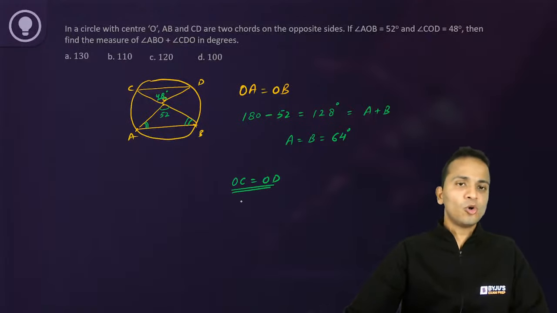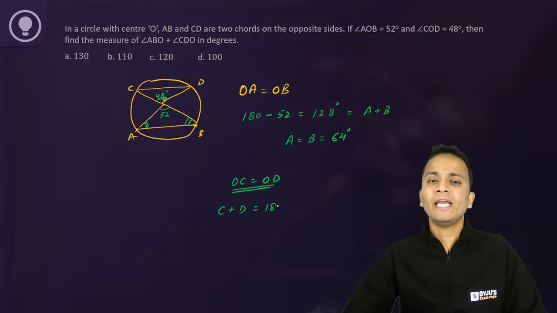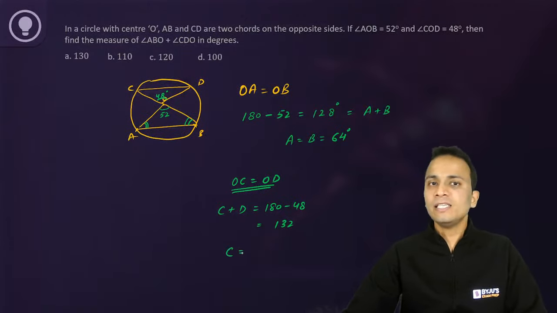So we have another isosceles triangle. So sum of angle C and angle D will be equal to 180 minus 48 degrees. That is 132 degrees. All right. So angle C and angle D will be equal and their measure will be equal to 132 divided by 2, and that is 66 degrees, right?